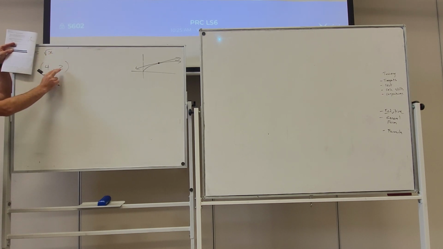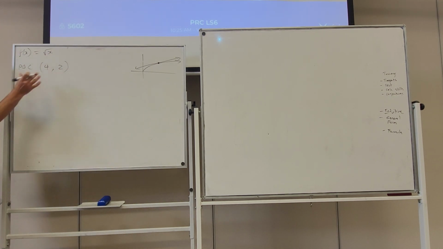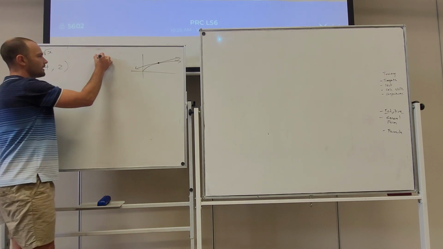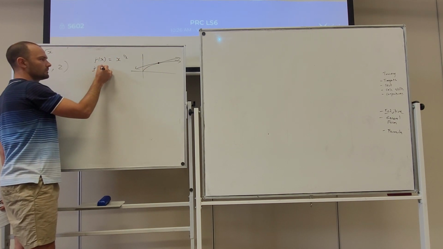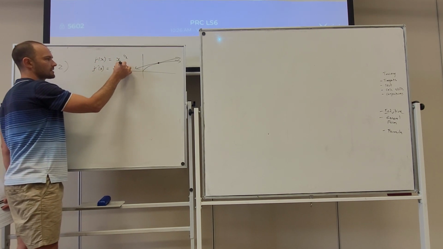So we need the point of contact, and the other thing we need for a line is the slope. This is where the calculus comes in. If this is the function, that tells you the y value. The derivative function is going to tell me the slope. So my function is x to the half, which means my derivative function is half x to the minus half.